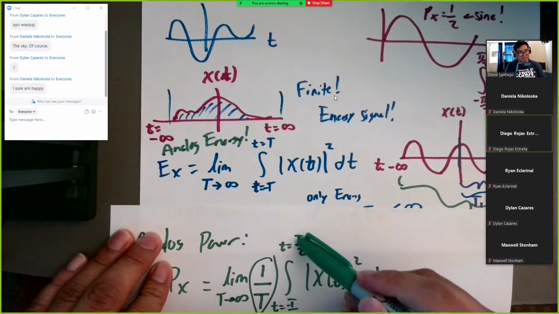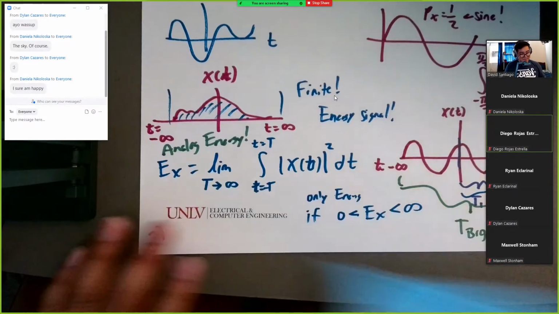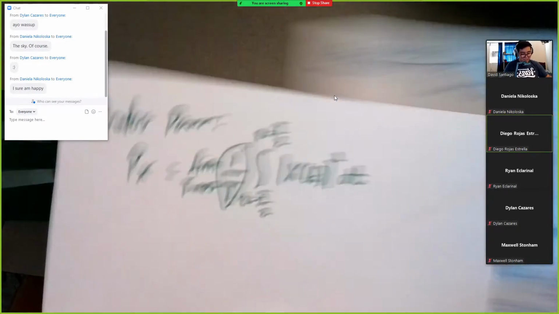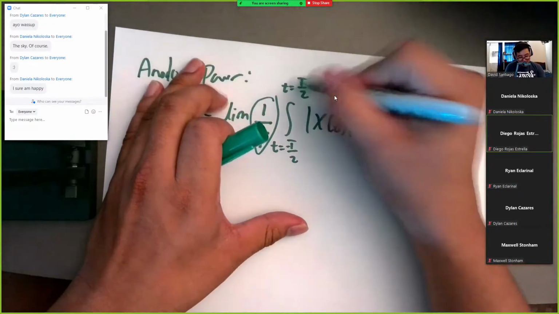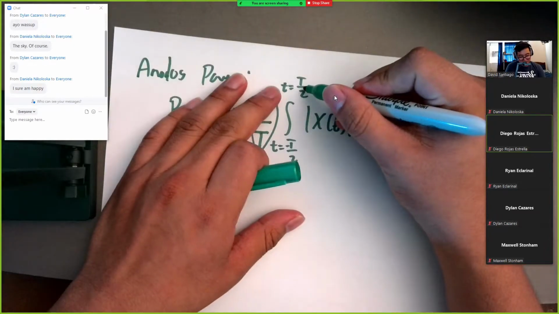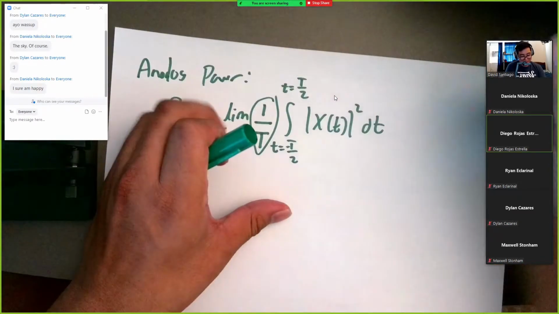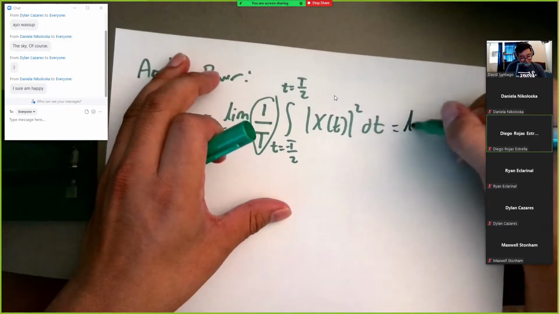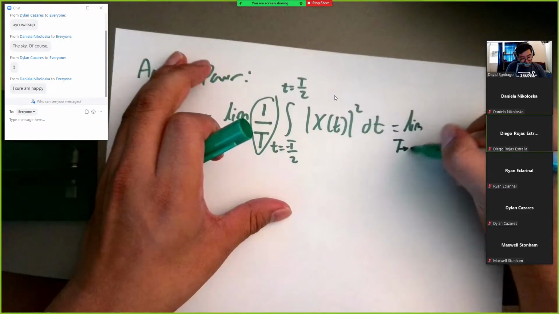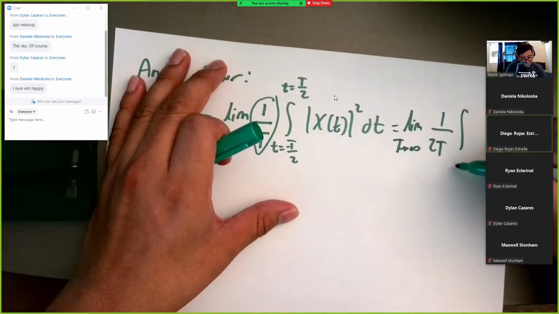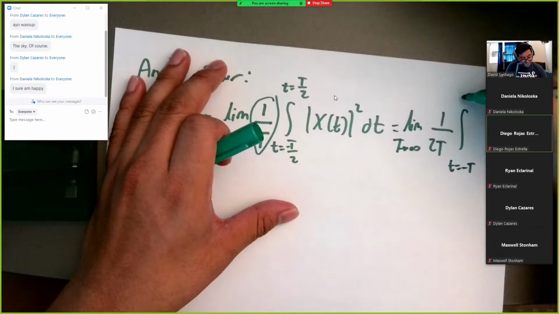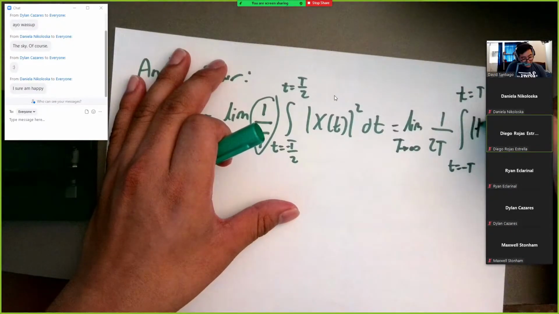Oh, but then you see these bounds are different. How do you get them to be the same? Let me write that down for you. All you got to do is change the bounds of integration. Just make this wider, but then you have to divide by 2, which is the limit of 1 over 2t from time equals minus t to positive t of x of t squared dt.